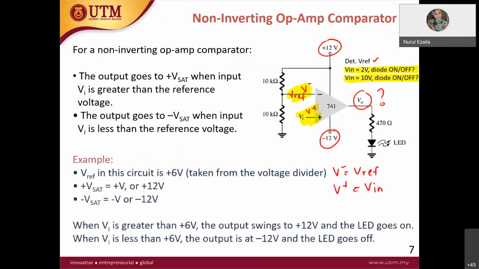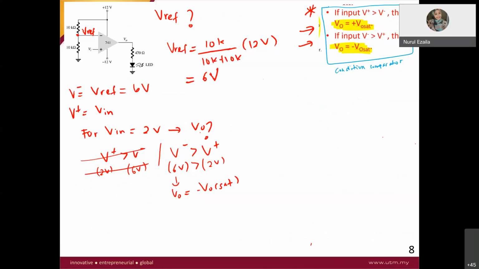Look at the circuit here. The V out saturation is the power supply of the op-amp, which is how much? This value is the power supply. This is the maximum point of saturation. So in this case, it is equal to negative 12 volt.